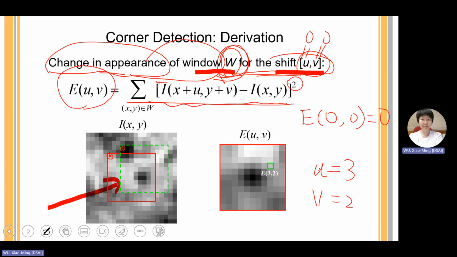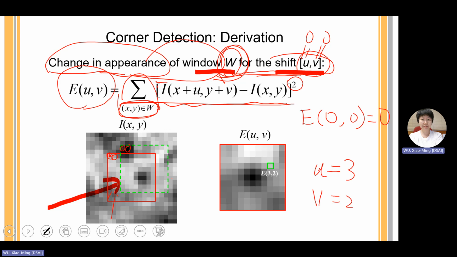We do this for every single pixel, which is why we have a summation over every pixel within the red window.